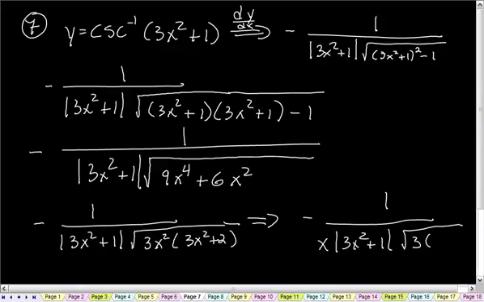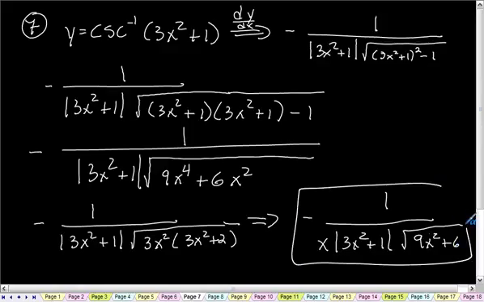The little 3 didn't help me for anything, so I'll plug it back in and multiply it back in. I'm left with, on the bottom, 9x squared plus 6. And that's my final answer.